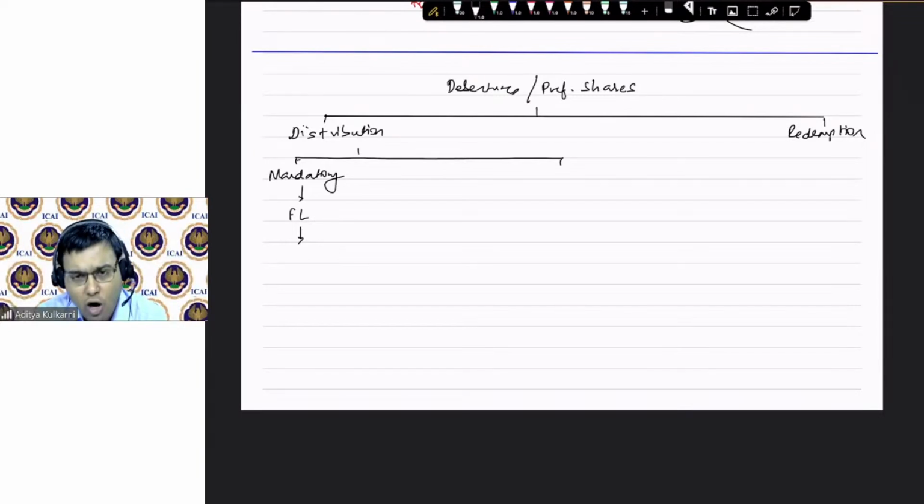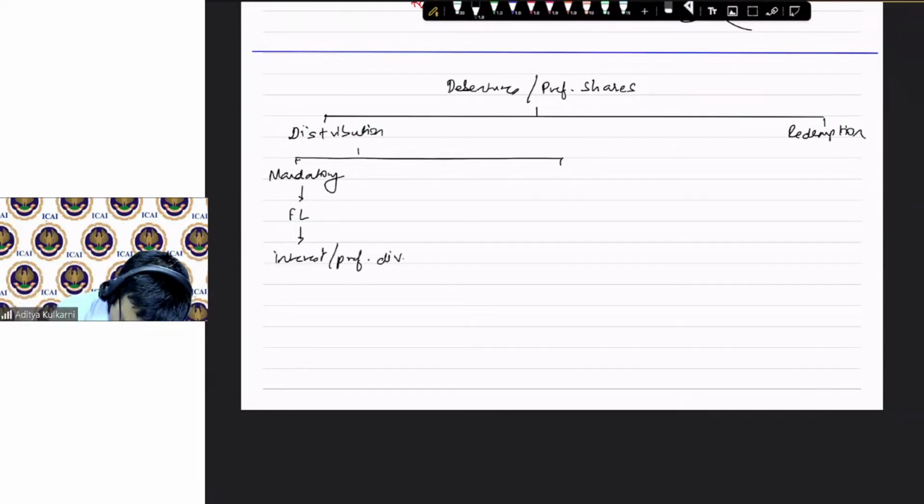That interest, whatever be the manner of determination of interest, whether it is fixed, whether it is variable, the fact is that interest or preference dividend has to be paid in cash, and therefore the stream of payments towards distribution is a financial liability.